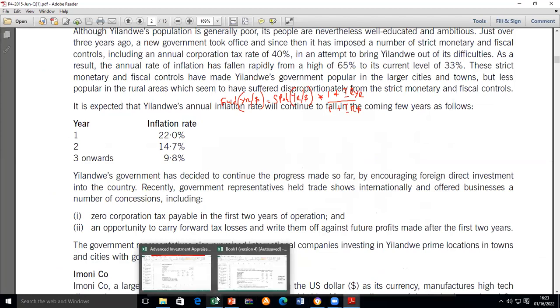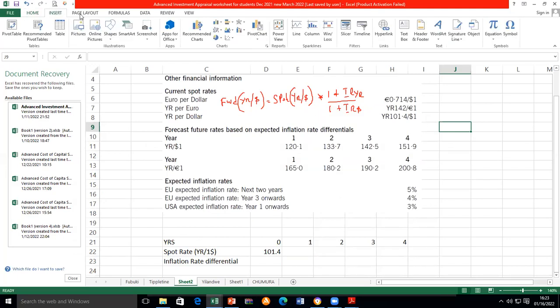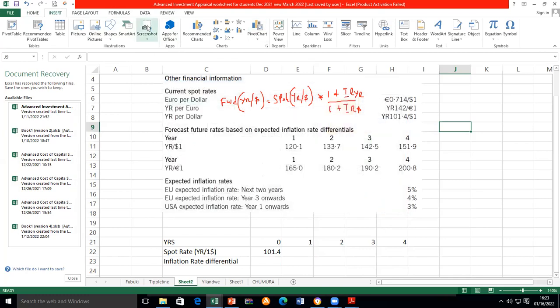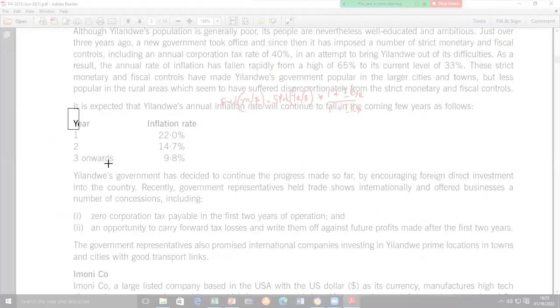So to find the differential, we need the local inflation rate too.